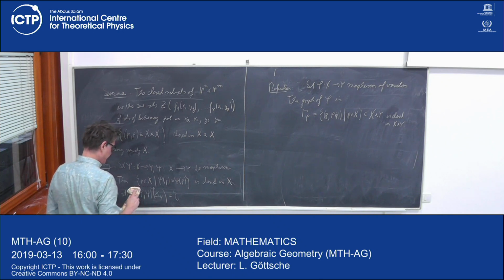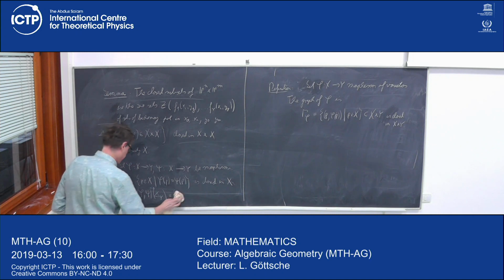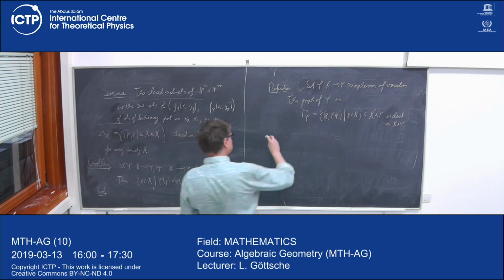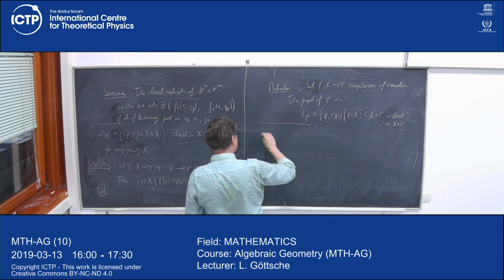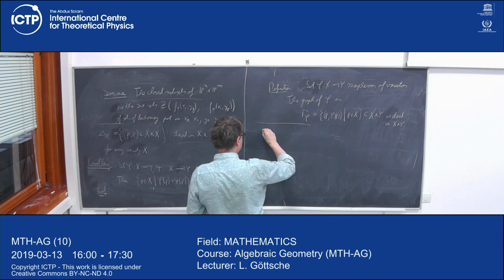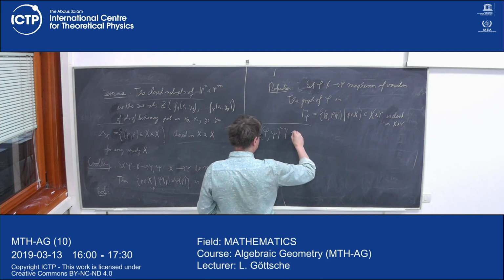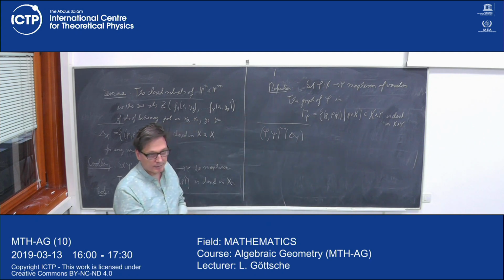So in the proof, we look at (phi, psi) to the minus 1 of Delta_Y. What is (phi, psi)?